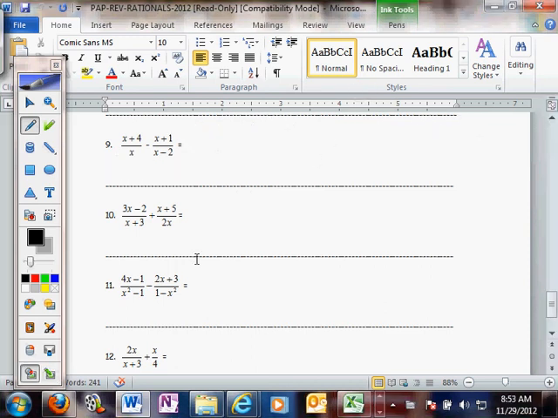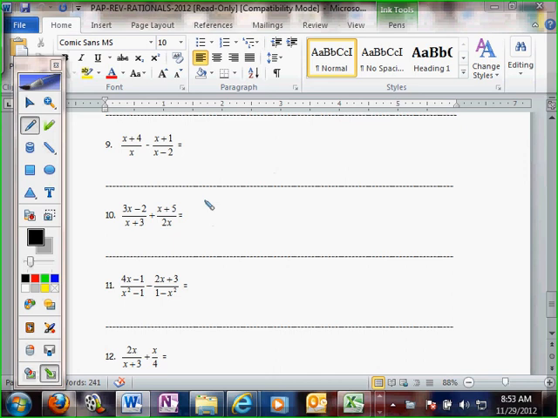And the last problem we're going to work is number 10. Okay, so again, no common denominator, so I have to multiply them together. So I have 2x times x plus 3. I multiply this denominator times this denominator, so I must multiply this top times this denominator.